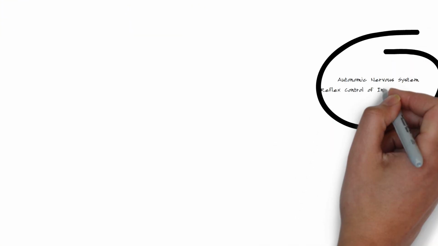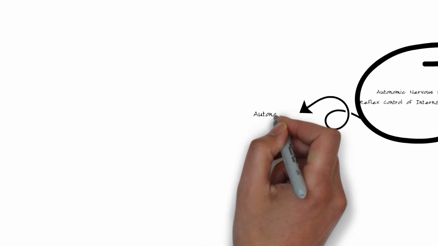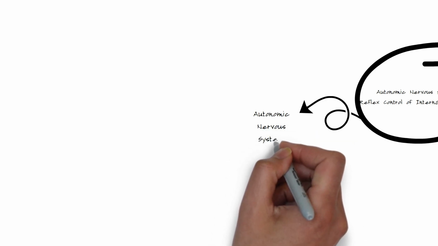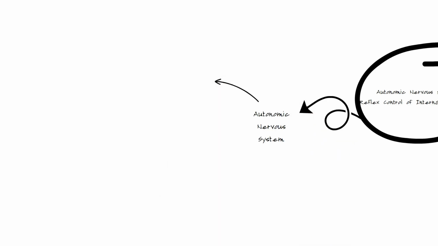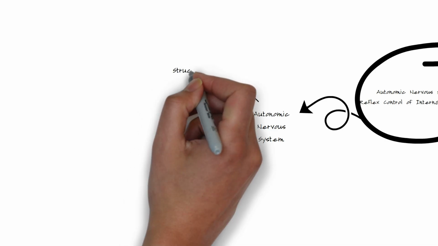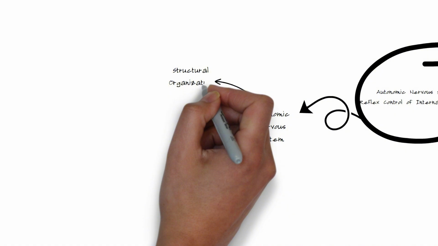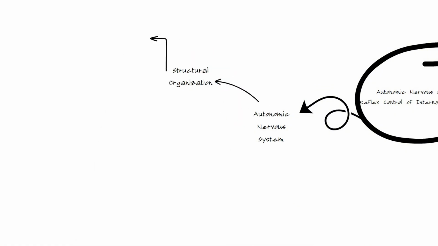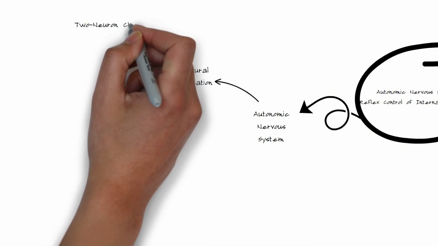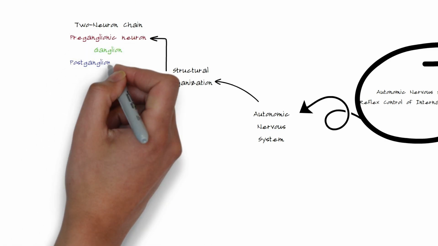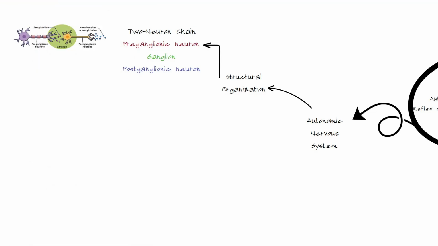Now let's talk in detail about the autonomic ganglia. First, we are going to talk about the structural organization. While the somatic system is formed of one neuron, the autonomic nervous system has two neurons, the preganglionic neuron and postganglionic neuron, and both neurons meet at the ganglia.